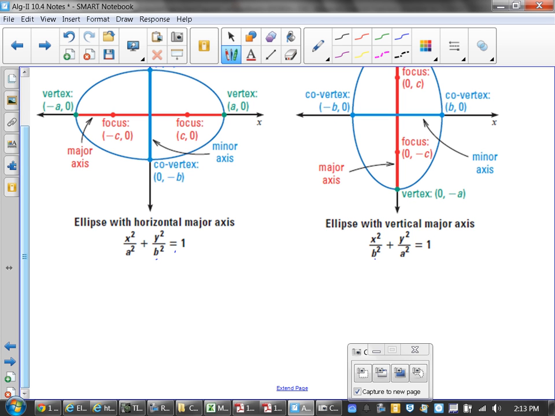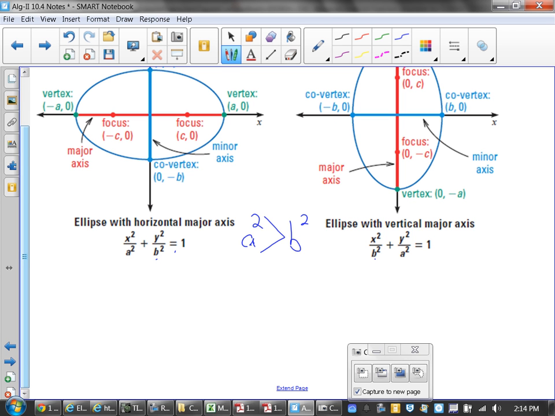Which one has the larger denominator? A squared is always bigger than B squared. So if the bigger number is underneath the X, it's squished left and right. If the bigger number is under the Y, it's squished up and down. That's how you tell the difference.